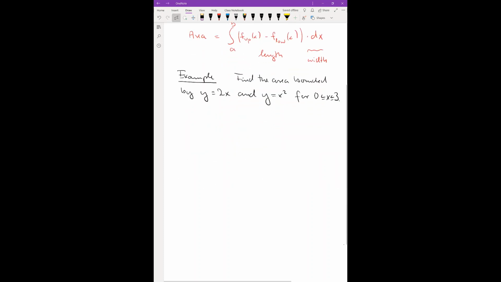So the first thing in all the problems, we produce a graph. Then we have y equal to 2x. Not a good graph, apologize. We have y equal to x squared. And we have y equal to 2x.